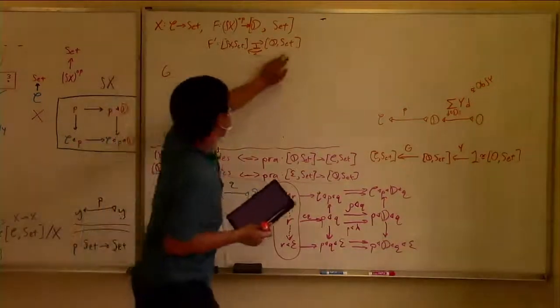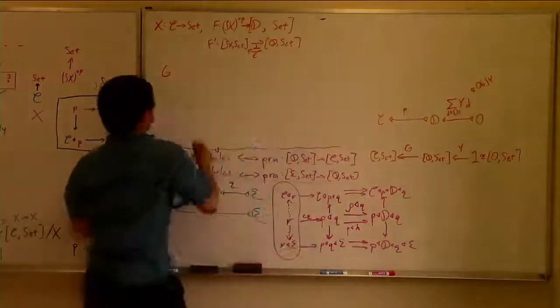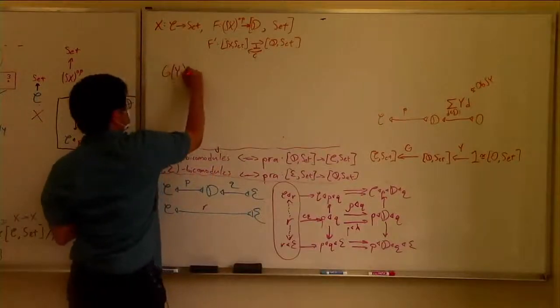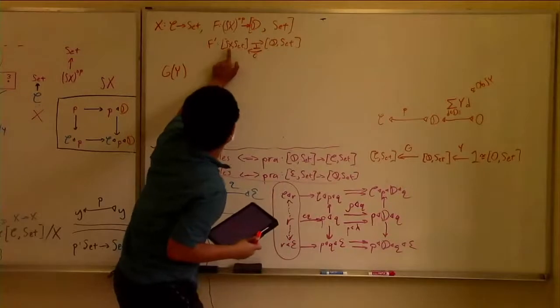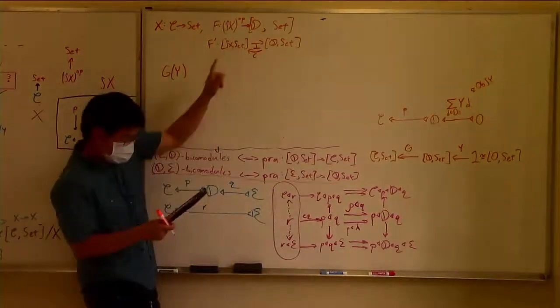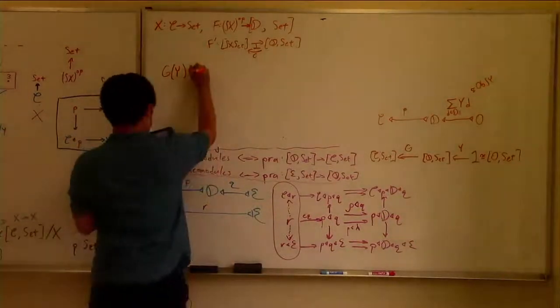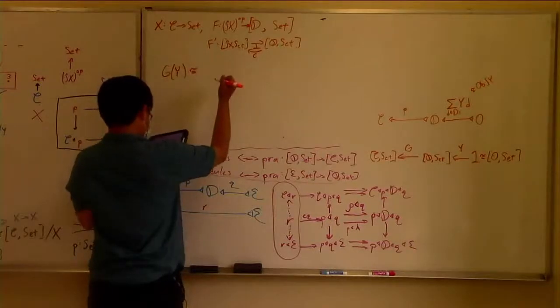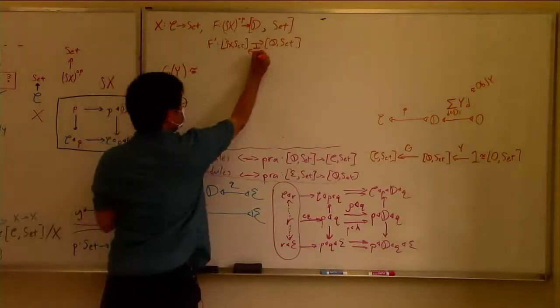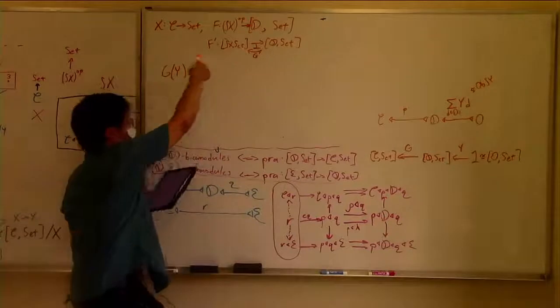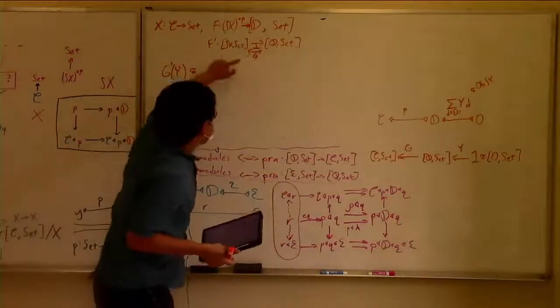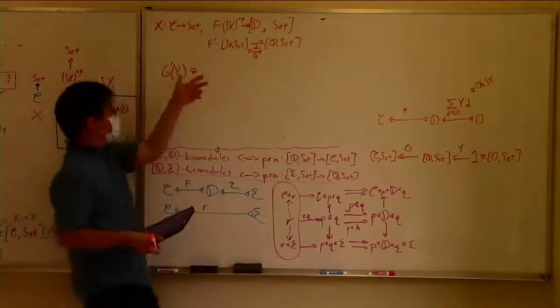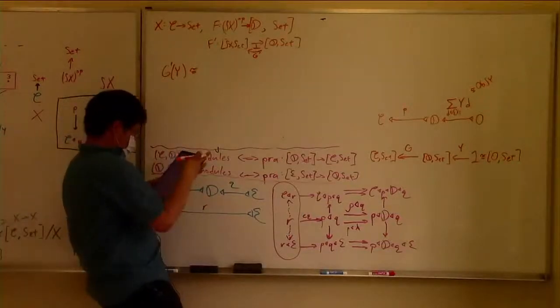Now G is going to take some D set. We'll call our D set Y. And I need to give you back a functor from the category of elements of X to set. And what I'm going to give you, actually I'm going to call this G prime because this isn't quite our parametric right adjoint. This is our right adjoint, and then we're going to turn it into a parametric right adjoint.